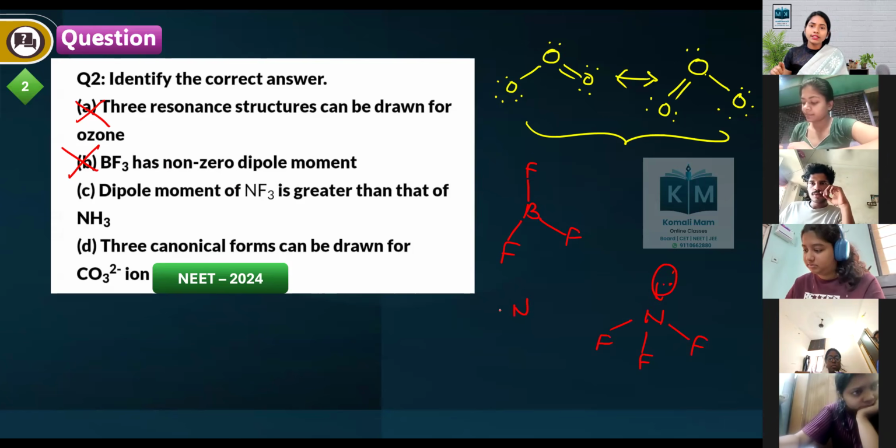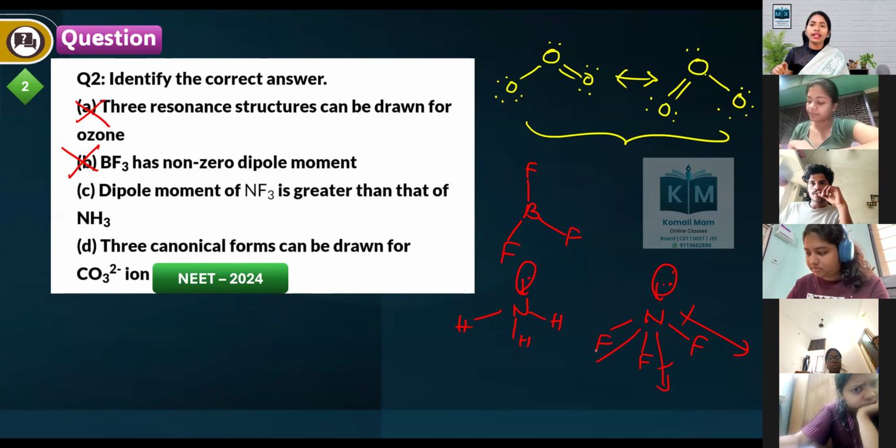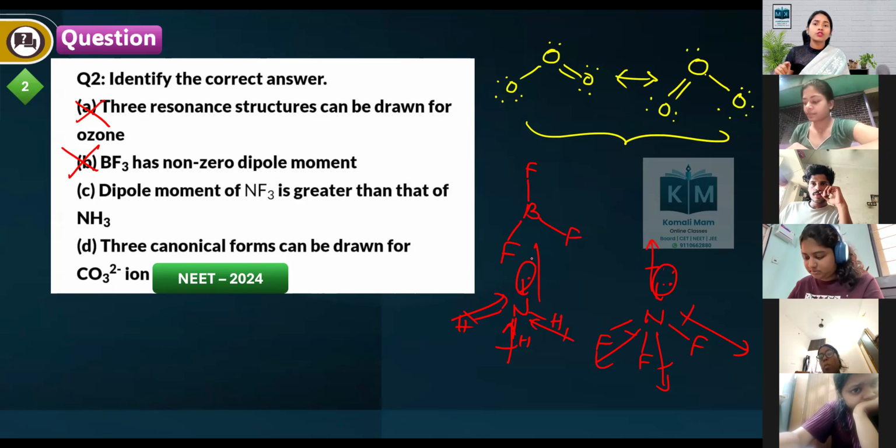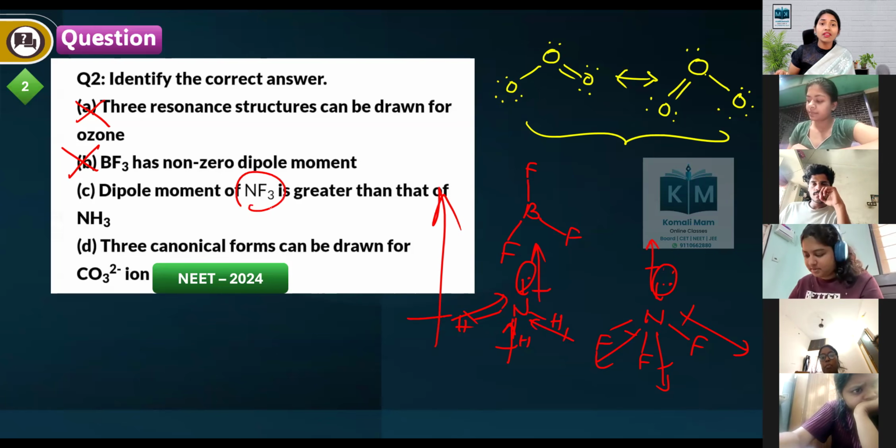Fluorine and nitrogen, which is more electronegative? Fluorine. All 3 pull in the downward direction and the lone pair is up. In ammonia, nitrogen is more electronegative than hydrogen, so all are in the same direction. So ammonia has more dipole moment than NF3, which makes the statement incorrect.